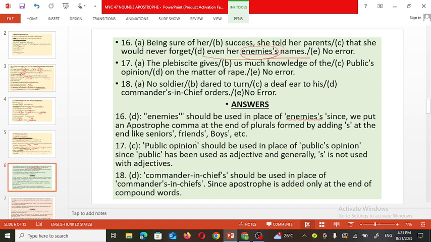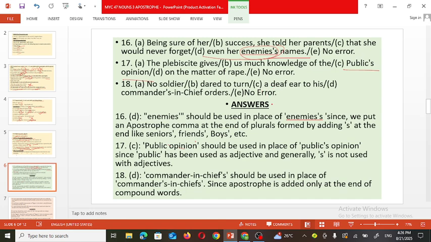Then the next one: "The plebiscite gives us much knowledge of the public's opinion of the matter of rape." No error? Now, if you see the sentence here in the C part, "public's opinion", here the word public has that hissing sound of s.